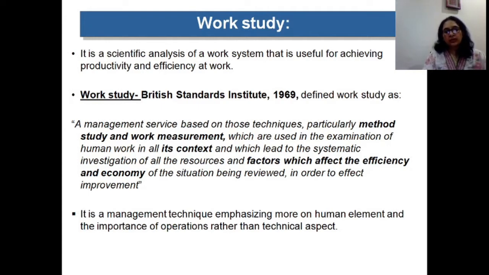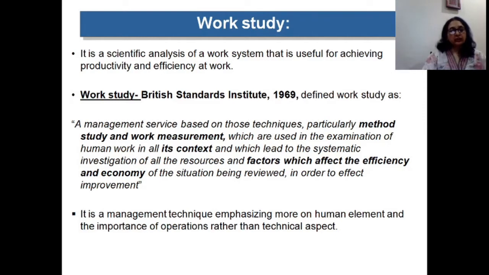According to the British Standards Institute, it has been defined as a management service based on those techniques, particularly method study and work measurement, which are used in the examination of human work in all its contexts and which lead to the systematic investigation of all the resources and factors which affect the efficiency and economy of the situation being reviewed in order to effect improvement.